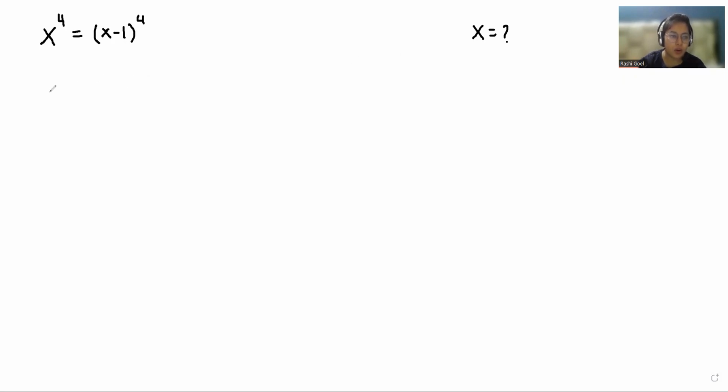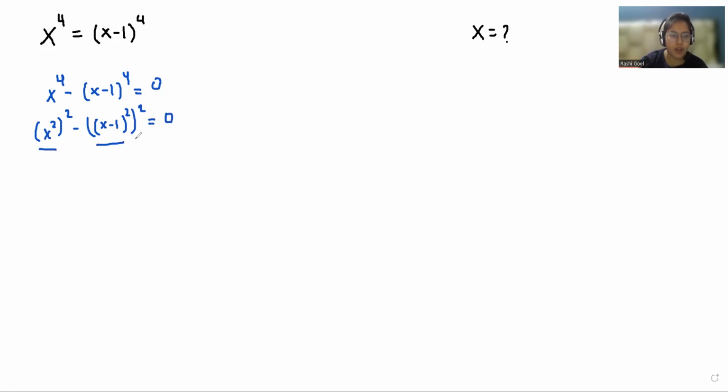So first I'll take all terms together. So x power 4 minus (x minus 1) power 4 is equal to 0. So x power 4 I can write as (x square) whole square minus, similarly, this is (x minus 1 square) whole square, is equal to 0.